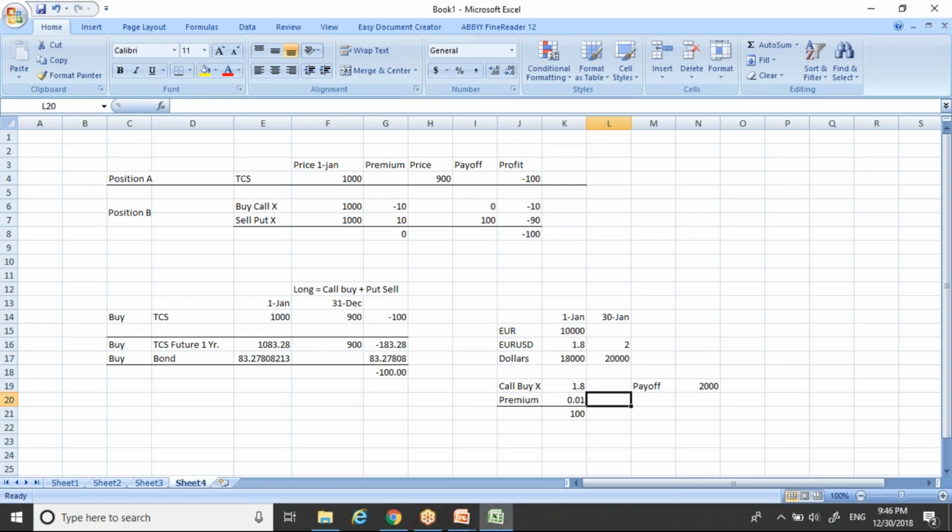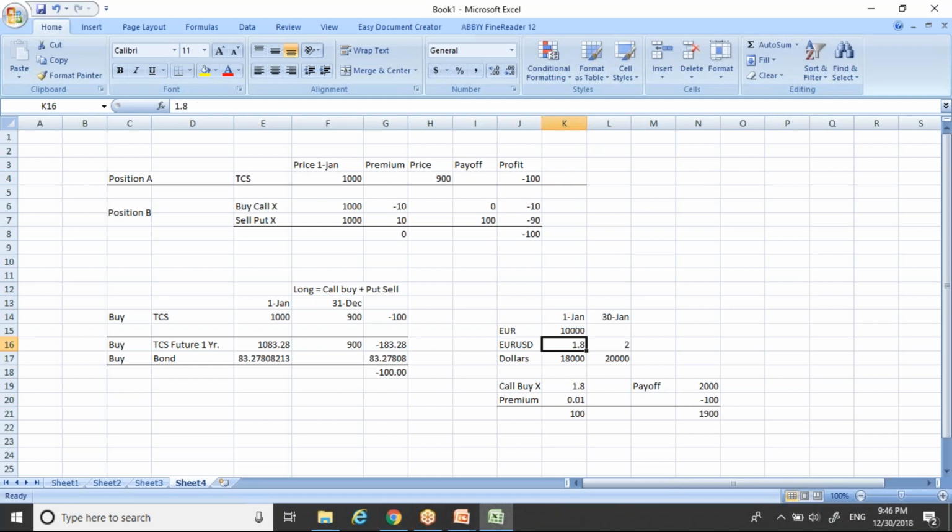However, you paid a premium of 100, so you have to subtract that. So you're going to receive $1,900 while paying $2,000 extra, and your total loss is only $100, the premium you paid.